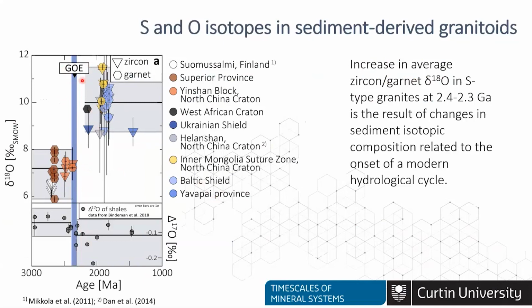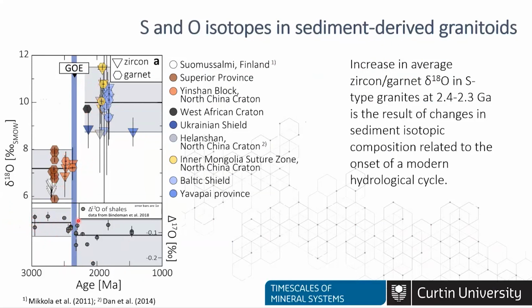So in comparison here, the shale record, again, we talked about this already at the beginning of the talk. There are quite a few more data points to the left of this figure, just outside the figure, to constrain the Archean shale oxygen isotope composition. So as you can see, this increase in delta 18O in our sediment-derived granitoids and the decrease in Cap delta 17O in these shales seems to be temporally linked.